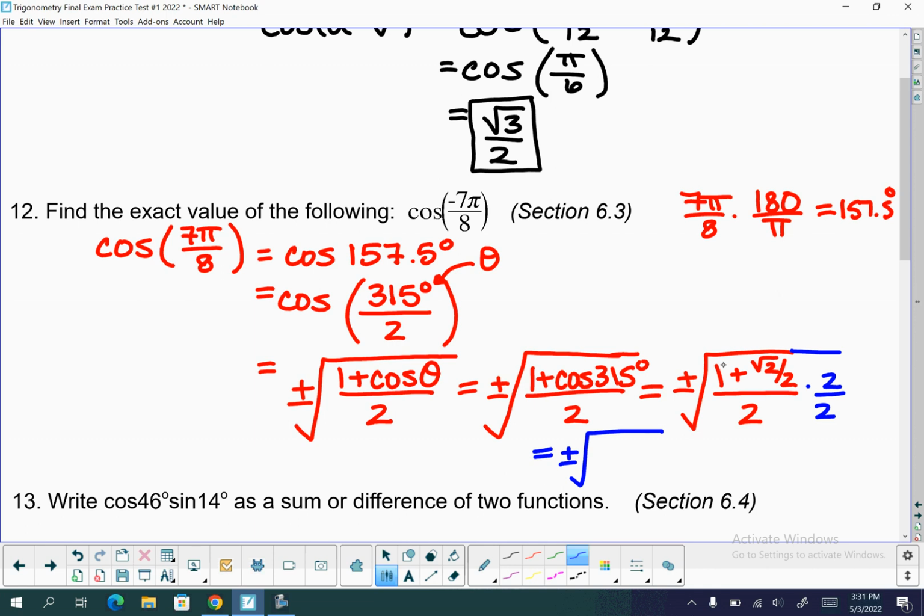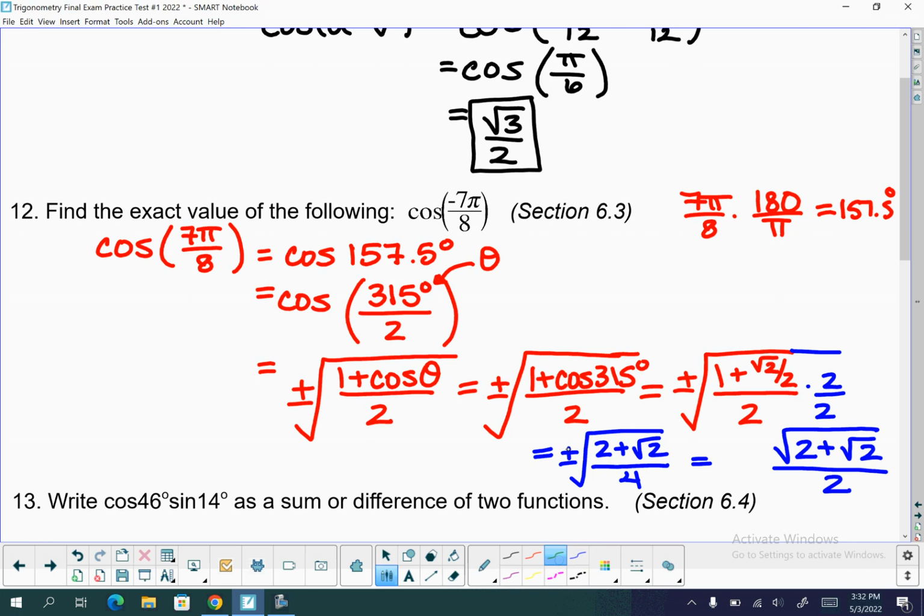If I distribute the 2 on top, I'm going to have 2 plus 2 times rad 2 over 2 just gives me rad 2. In the denominator, 2 times 2 gives me 4. Then we can take the square root of the numerator, which doesn't simplify any more than what you see there, and the square root of the denominator. Square root of 4 just gives me 2, so that gets rid of the radical.